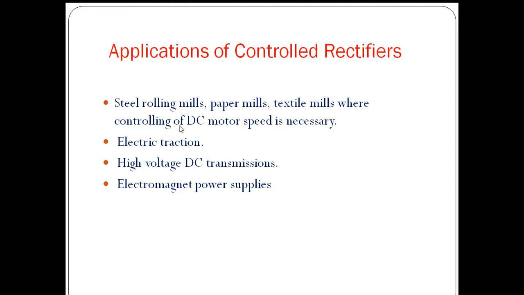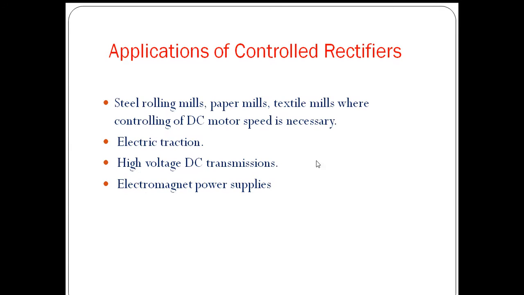Especially a DC shunt motor has constant speed characteristics, and a DC series motor has variable speed characteristics. These two motors are used according to the requirement in different mills, and also in electric traction. A DC series motor has high starting torque compared to all the motors.